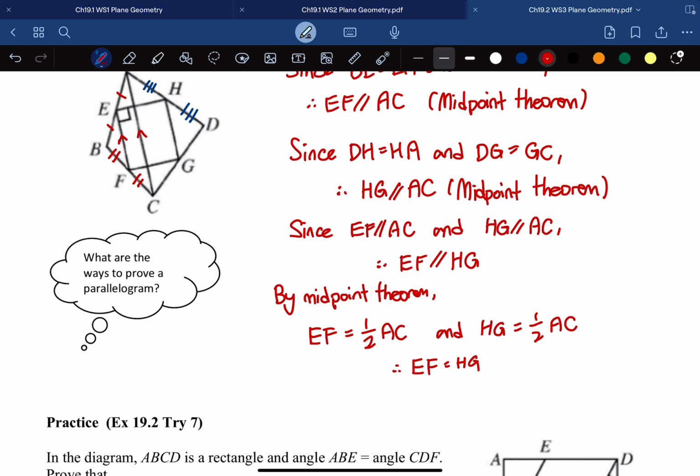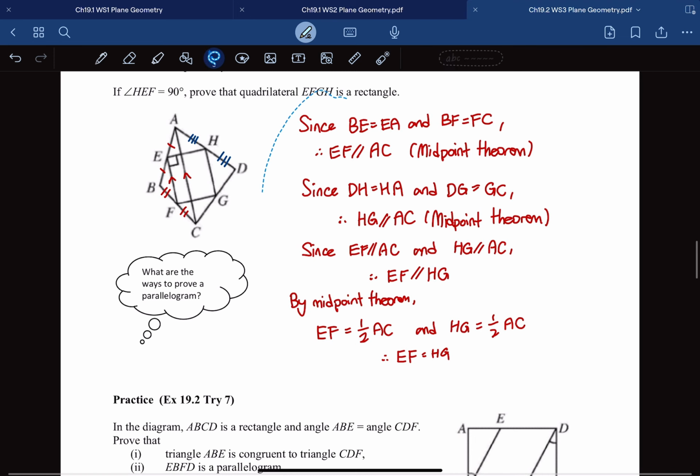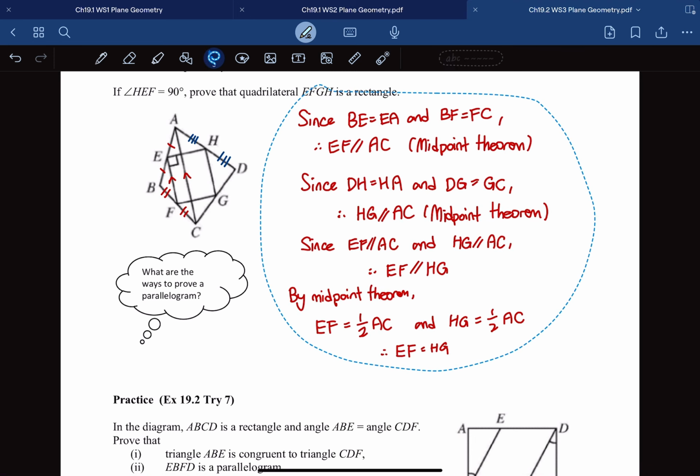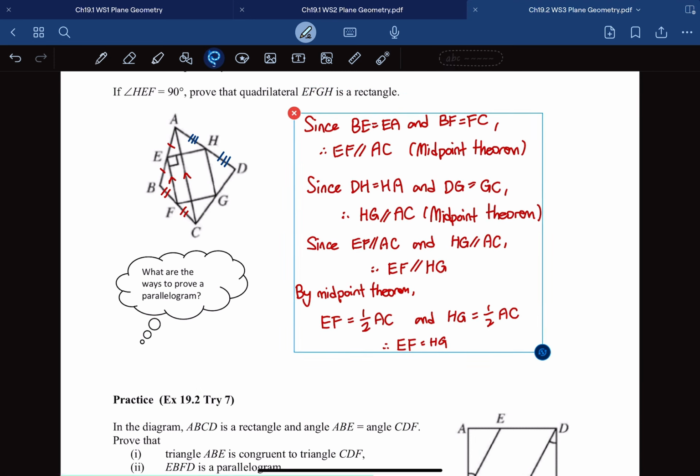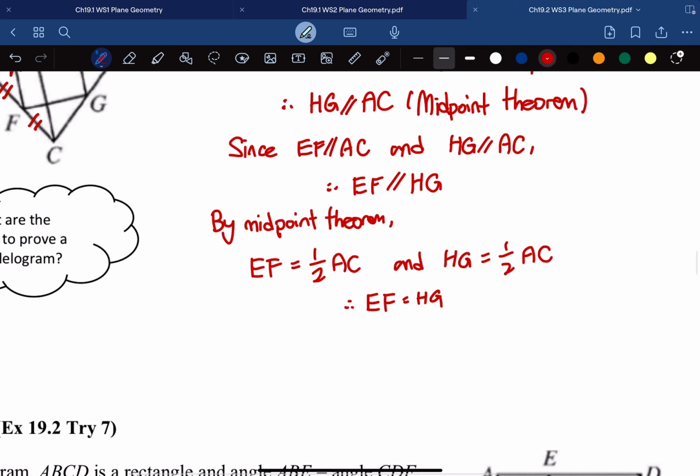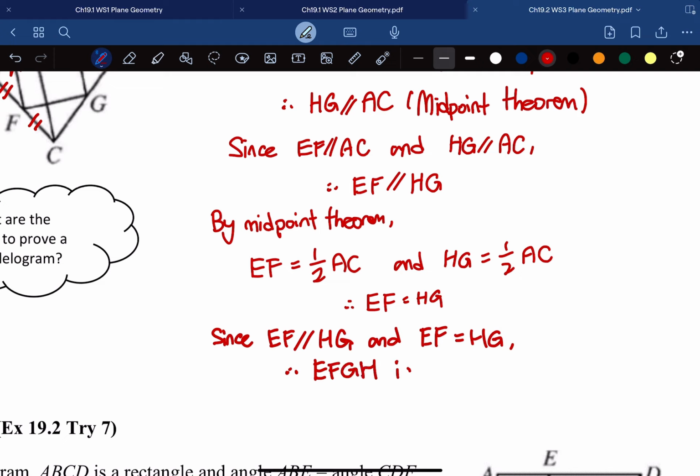Since I have shown one pair of parallel sides and these parallel sides are the same length, therefore, since EF is parallel to HG and EF is also equal to HG, therefore EFGH is a parallelogram.